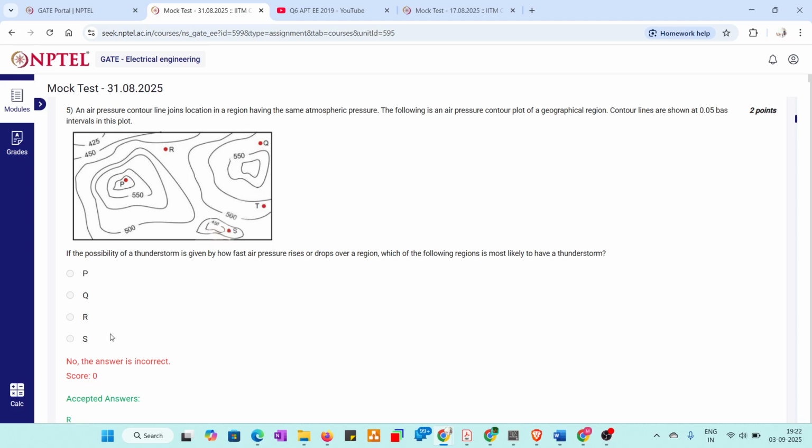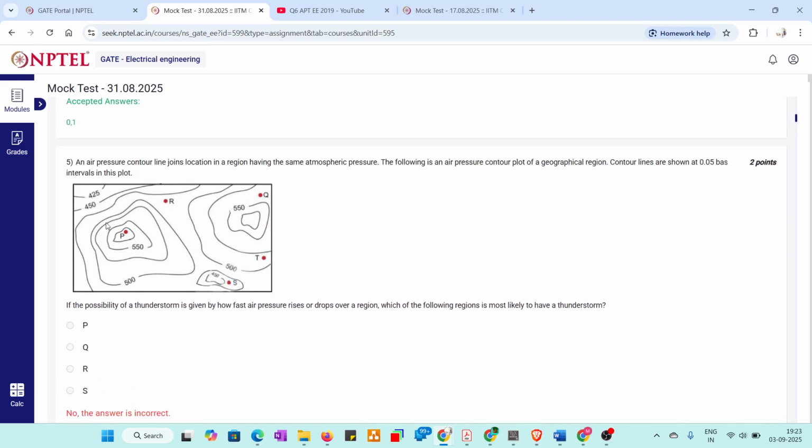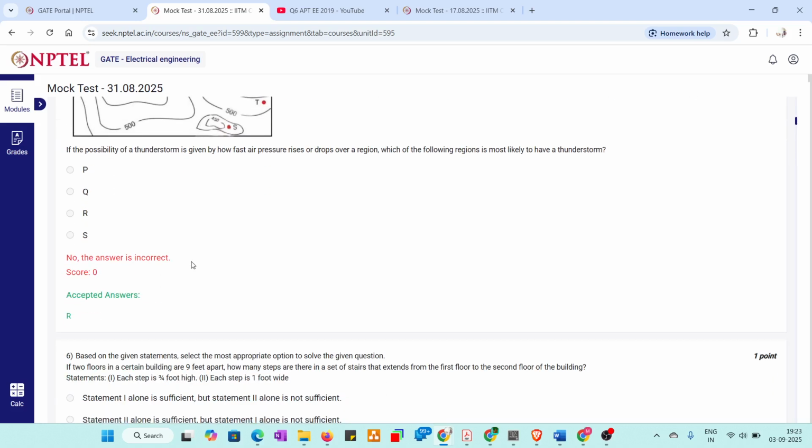Okay, so we need to find the related answer. So we have the regions P, R, S, and Q and T. Okay, so the answer is region R.